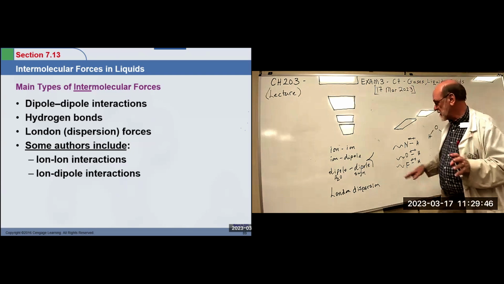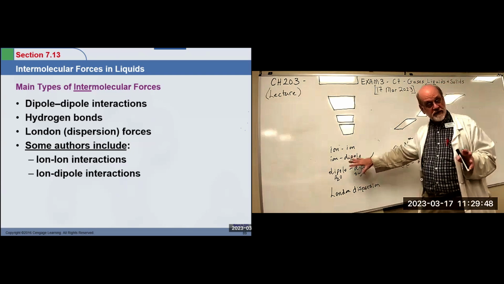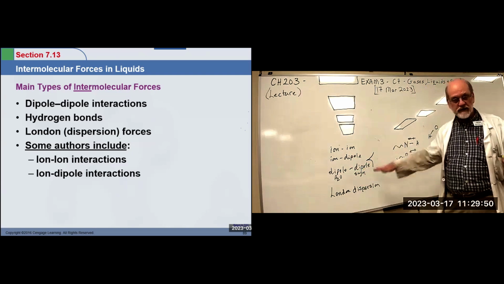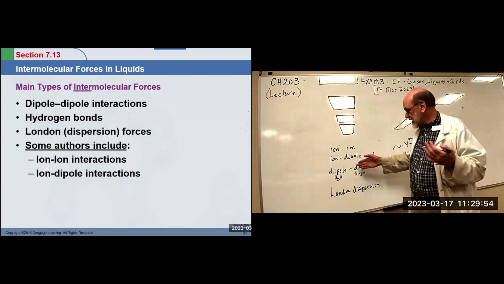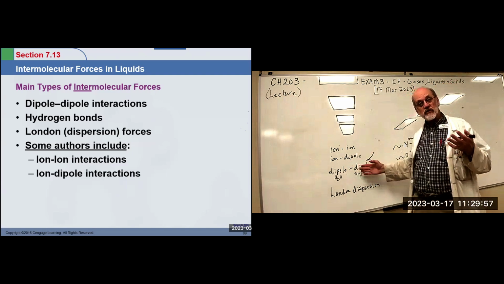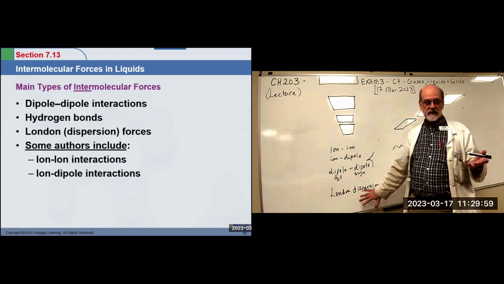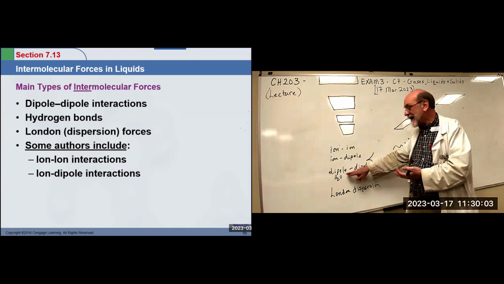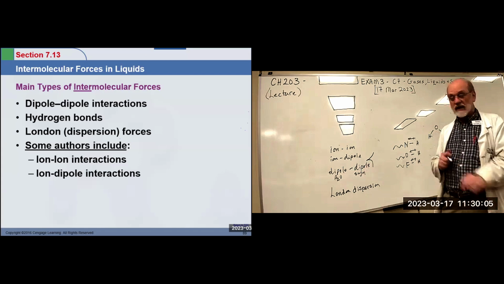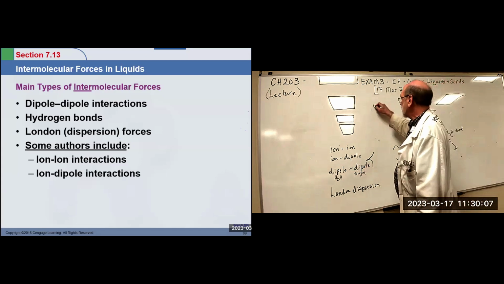They're always there. Even with these dipole interactions, the Londons are always there. If these are present, then they're so strong they overwhelm the London dispersion forces, and we don't need to consider them.